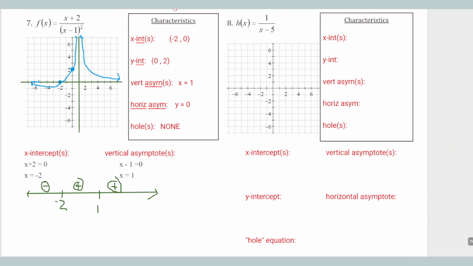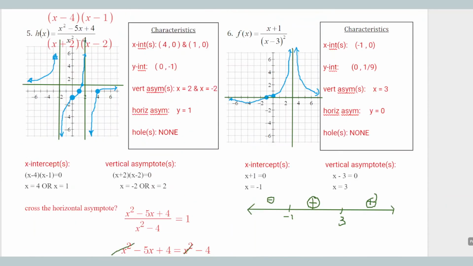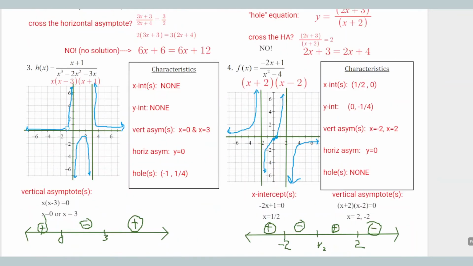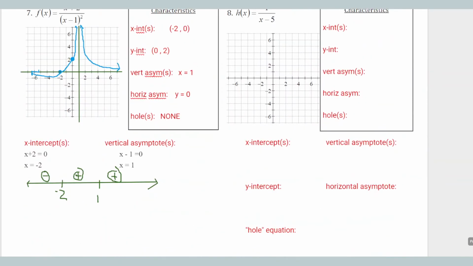So let's do number 8. Here on number 8, we have, I think, the simplest out of all the rational functions that we've graphed so far. I'm not sure why we didn't lead with this one.